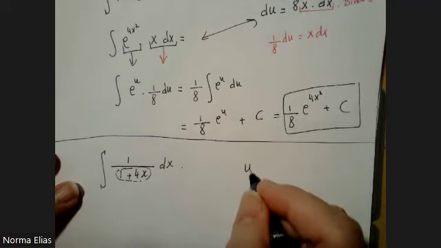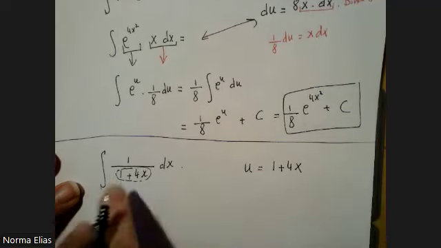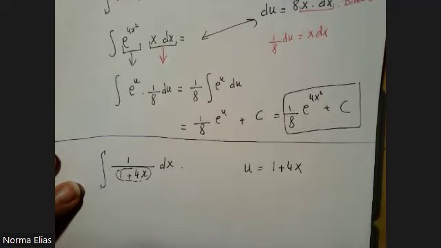So I'm going to put the u to be 1 plus 4x, because this will give me the 1 over u. But let's make sure. The derivative is 4, and we know a constant is not an issue when we're dealing with those problems. So du dx is 4. It means du is 4 dx.